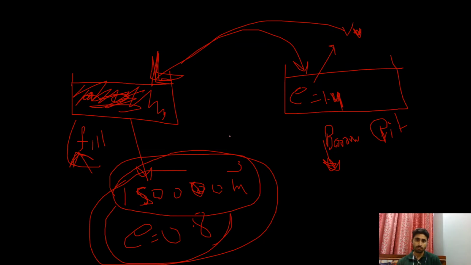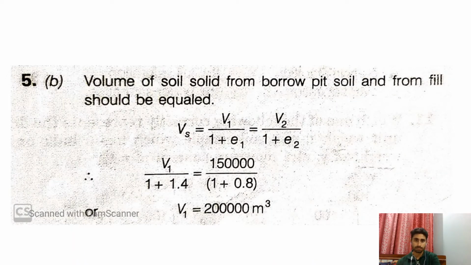So the first thing that is clear is that the volume we are going to carry from here and compact will definitely be more than 1,50,000 meter cube. So let's go further.